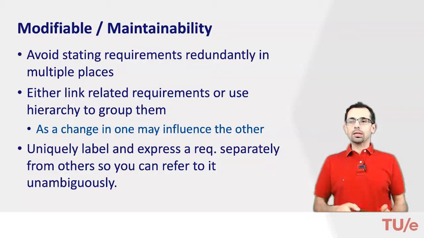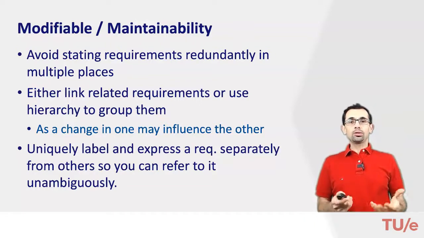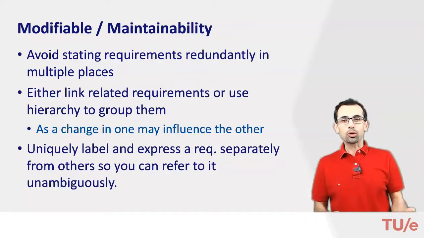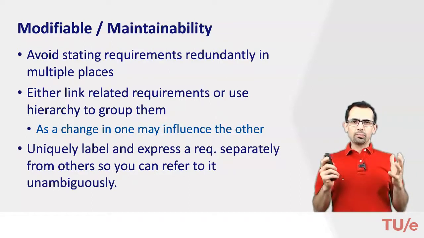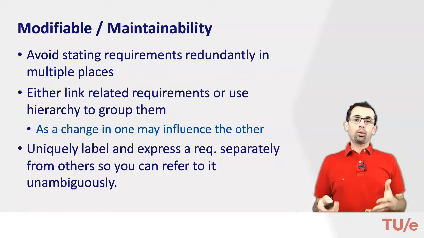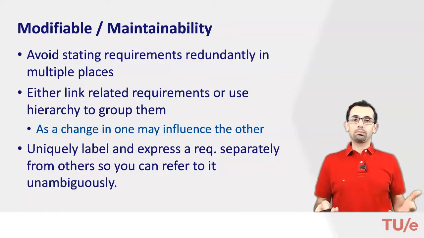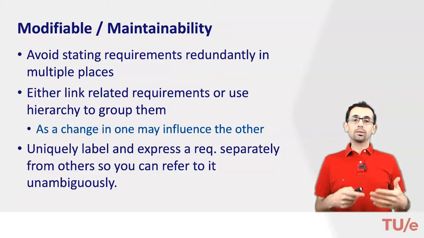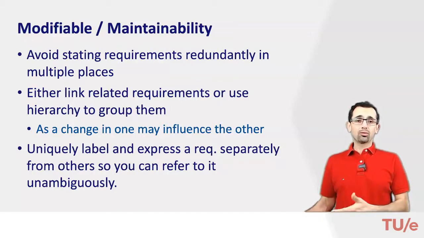2 very important characteristics of requirements repositories or collections. The other one is modifiability, maintainability, if you like. So how can you ensure modifiability or maintainability? One of the best ways is to avoid stating requirements redundantly in multiple places. So you have to either link related requirements or use hierarchy to group them.